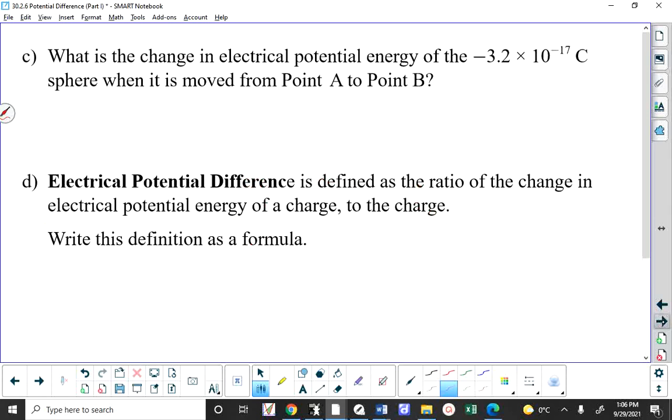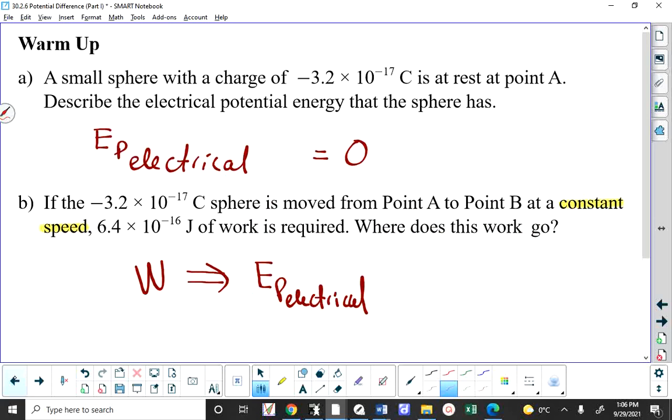Okay. What is the change? This is baby steps, and it's probably pretty obvious, but what is the change in electrical potential energy from B to A? Well, if it had no electrical potential energy at the bottom, and the work done is the amount of potential energy I put into it, and this is the work done, then the change in electrical potential energy is that number.